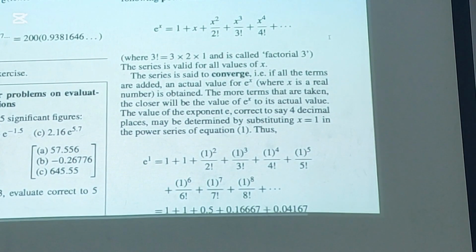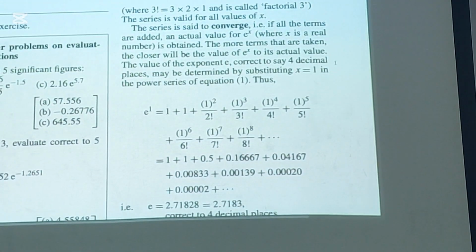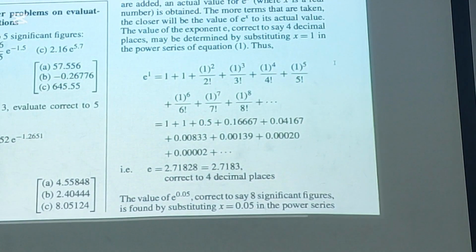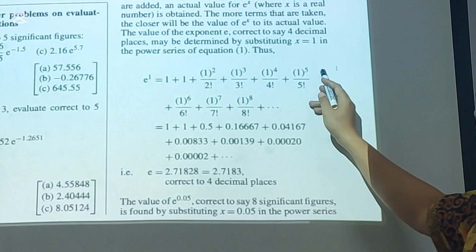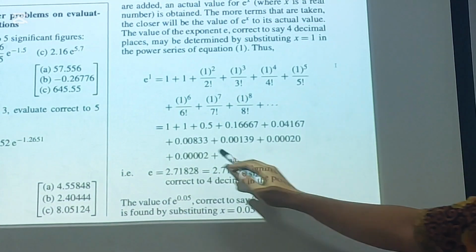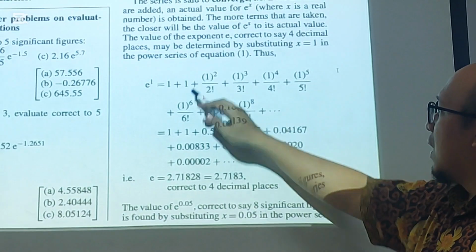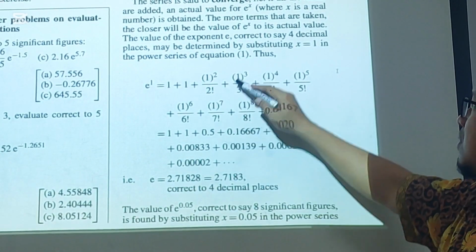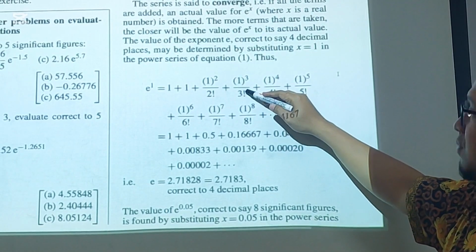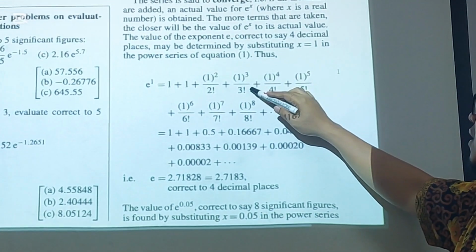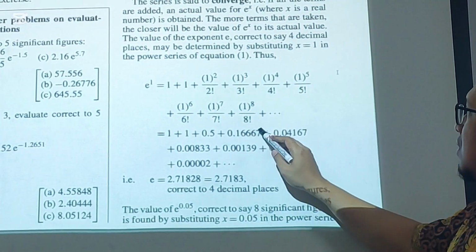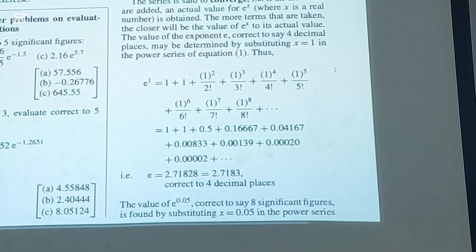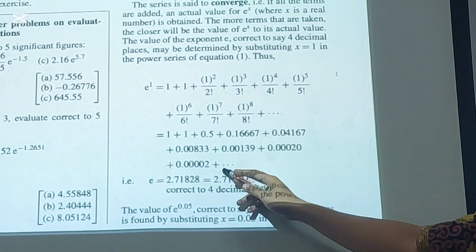Then the result will be like this. 1, 1, 1, 1 per 2, half, 1 per 6, this is equal to 0.166 and something else, until this one.